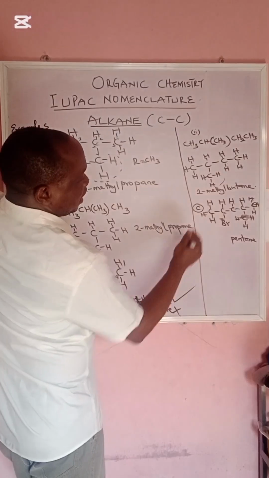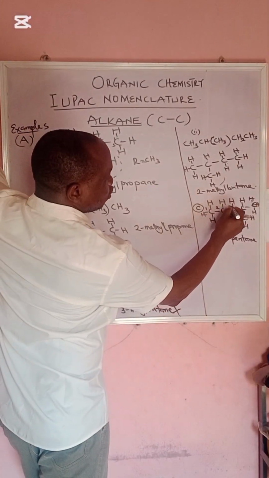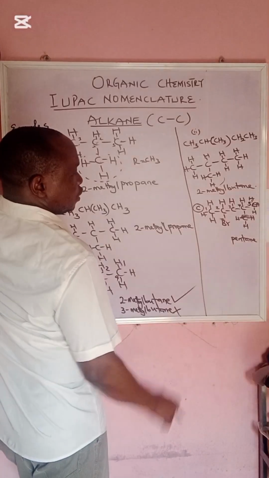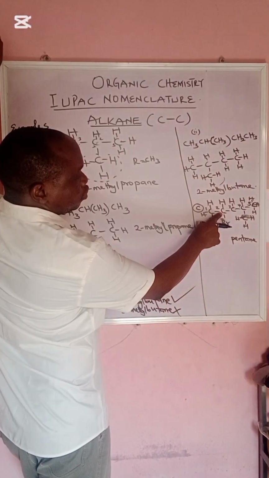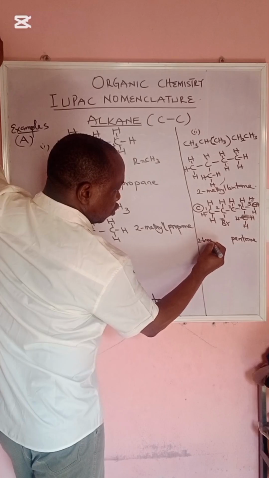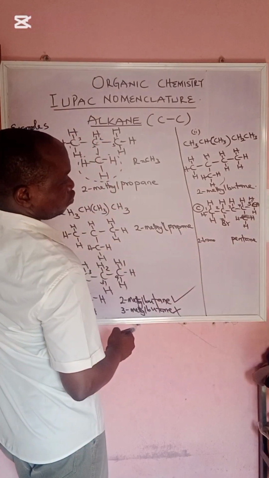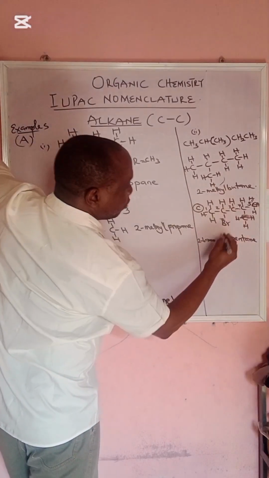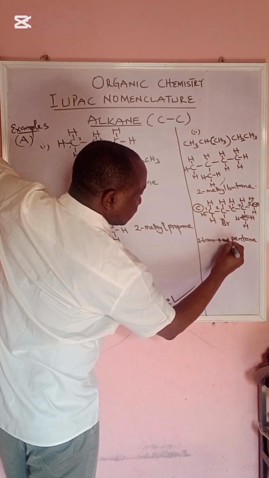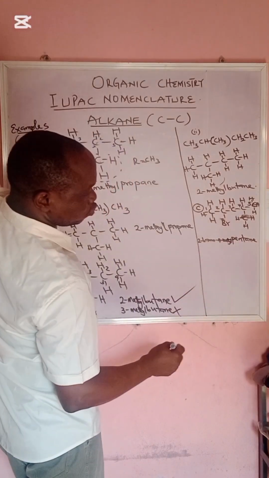So I'm counting from left to right, 1, 2, 3, 4, 5. Bromine attached to carbon 2, so I will say 2 bromo. Methyl attached to carbon 4, I will say 4 methyl. 2 bromo, 4 methyl.